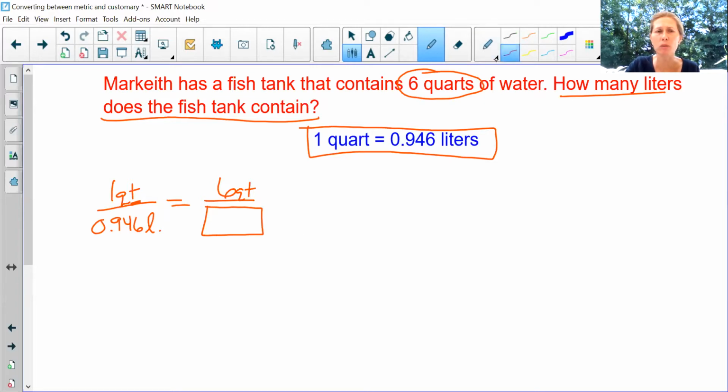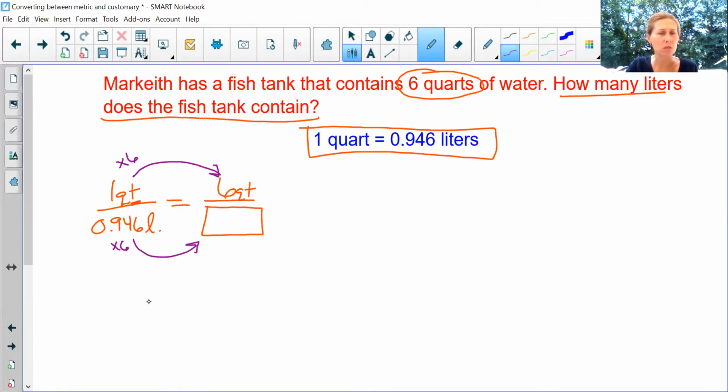Going back to our previous knowledge, we know we always go from what we know to what we don't know when we draw an arrow. What we know, and we're going to do the same thing in the numerator, same direction of the arrows. I cannot do the 0.946 to the blank, but I can do the 1 to the 6. What do I do to the 1 to get 6? I multiply by 6. So what am I going to do to the 946 thousandths? I'm going to multiply by 6.